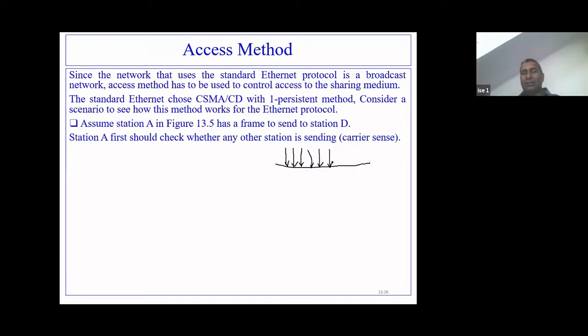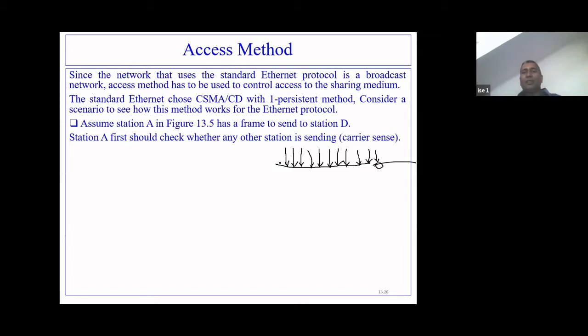You got the idea whether there is a presence of electrical signal here. Electrical signal means some other station is transmitting a frame. Since it is continuously checking whether the medium is idle or busy, here the voltage is present. And the moment it finds that there is no voltage, the sending host will release its frame.